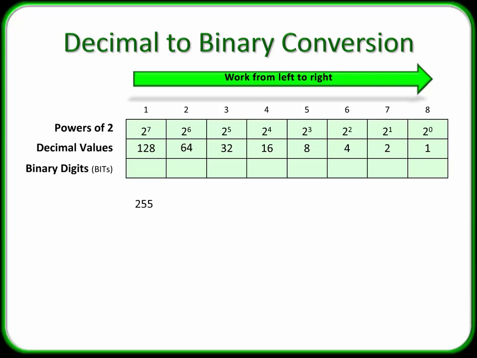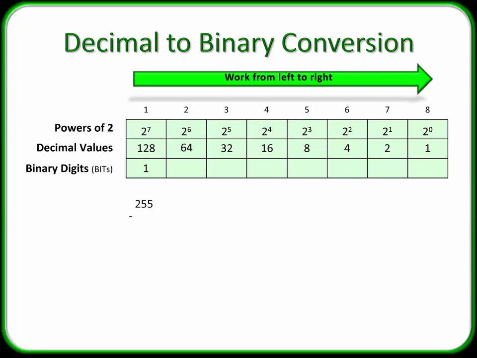So when we look at 128, that is less than 255, so obviously we can subtract that from 255. Now, to indicate that I can subtract 128 from 255, I put a value of 1 into the column underneath 128. So that's the binary representation that says that I am able to subtract 128 from 255.